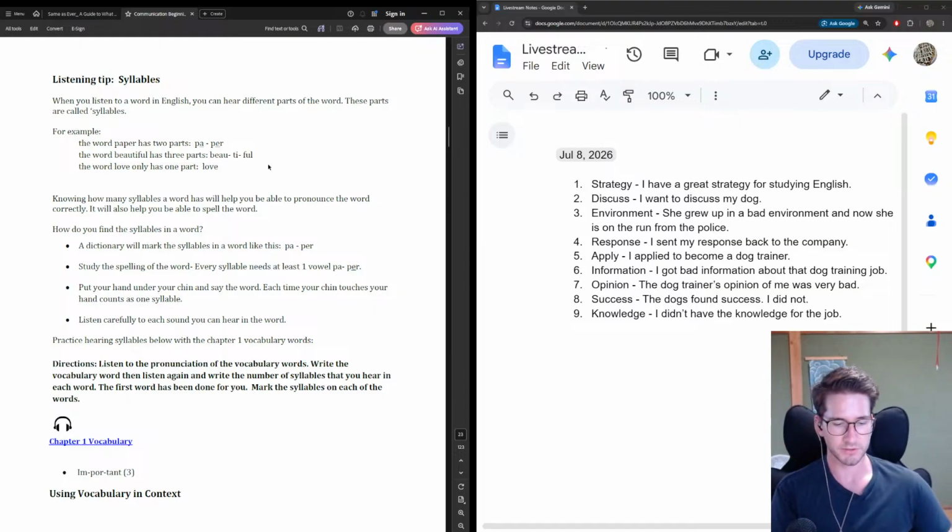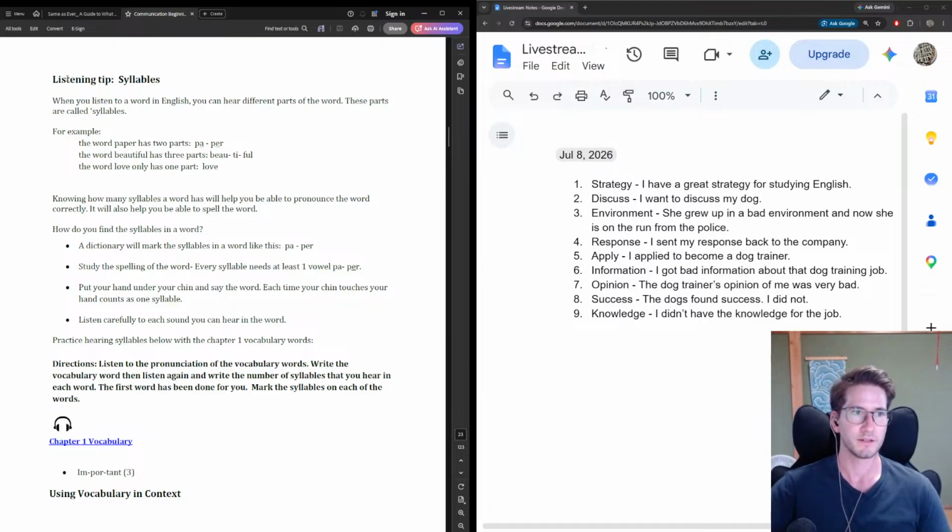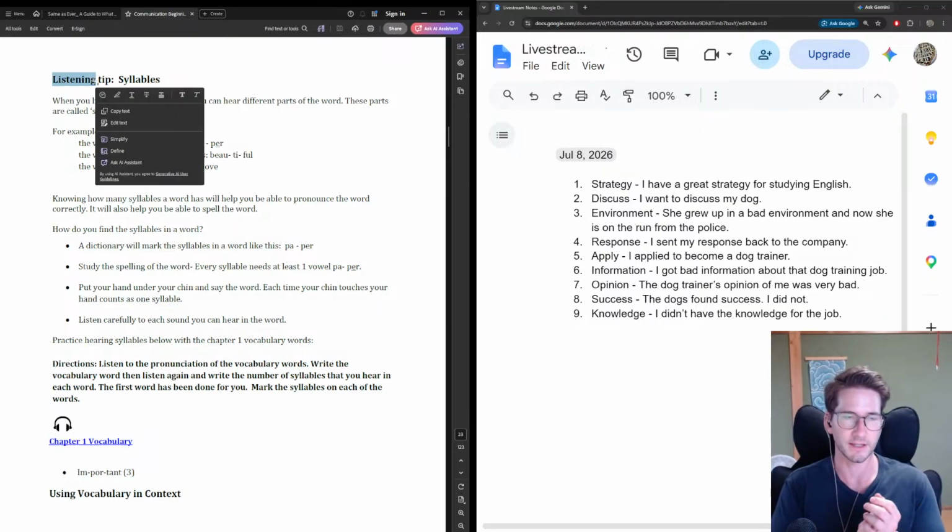When I was in elementary school, we always did the clap test. So if it's something like paper, then it's pa-per, like that. Beautiful, right? We look at this word, listening, lis-ten-ing, like that.